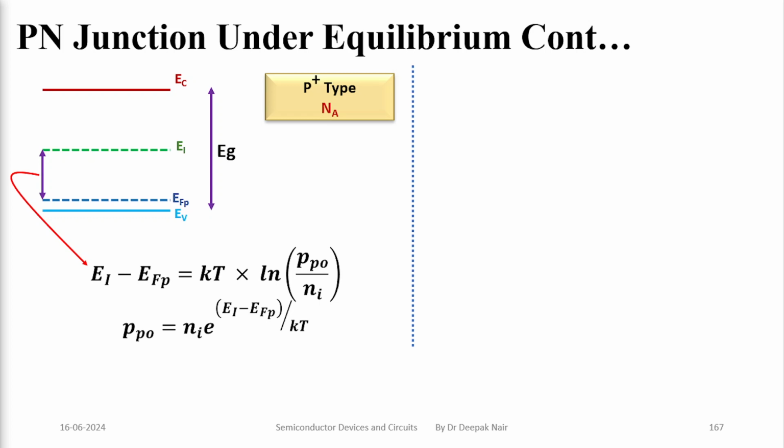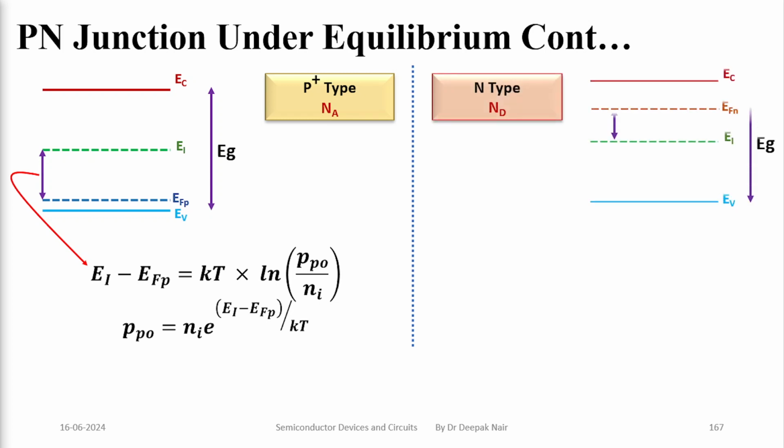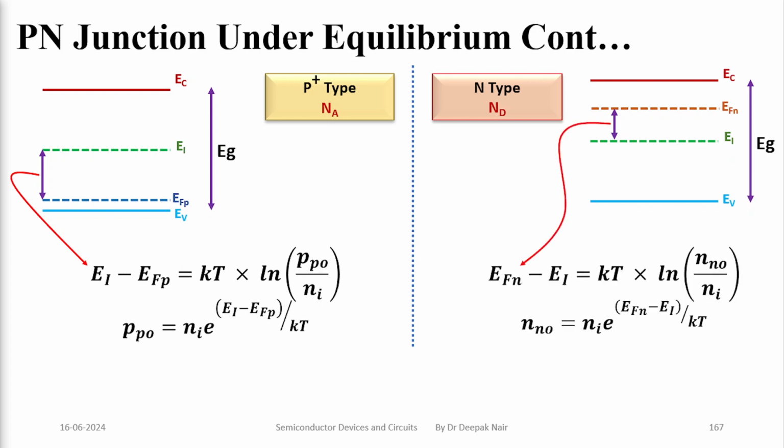Similarly, for the n-type semiconductor, we have EFN and EI, and we want to calculate the energy gap between EFN and EI, and that is given by EFN minus EI, which is equal to KT natural log of Nn naught, the majority carriers, or we can say electrons in the n-type material, divided by Ni, the carrier concentration in the intrinsic semiconductor.